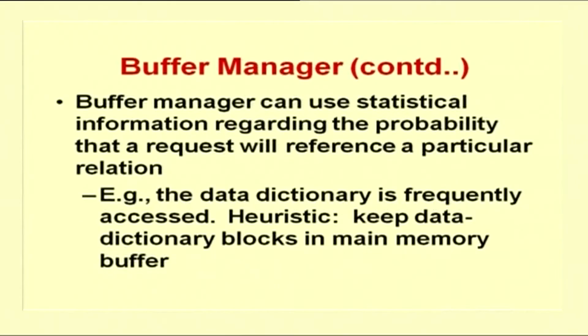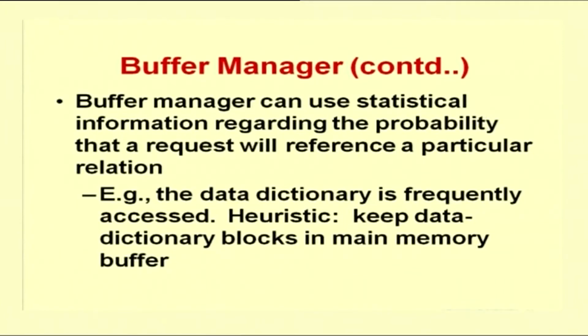Now, the question comes, how do we decide which block to replace? If you do not replace properly, what will happen? You would have pushed one out, you need it again, and so on and so forth. So, the number of disk accesses increases. So, another job of the buffer manager is to use some information to see that you do not push out blocks that will be immediately needed.